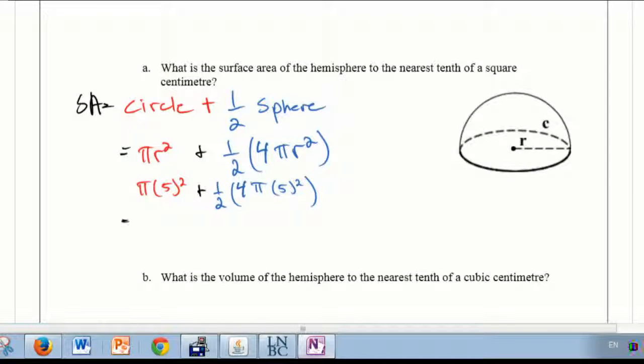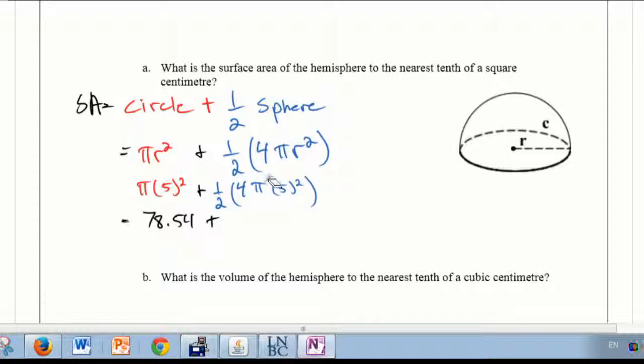All right, now step by step going through this, I'm going to have this pi times 5 times 5, or pi times 25. So what's that look like? 78.54. I was a step ahead of myself. I'd already multiplied the 1/2 times 4. So this 1/2 times 4 is just going to be 2.